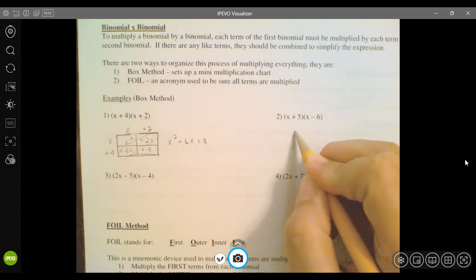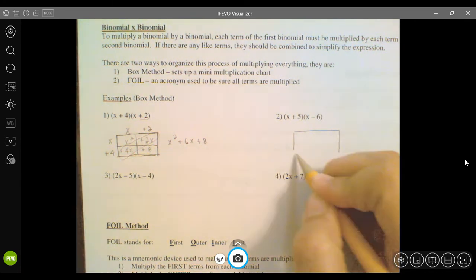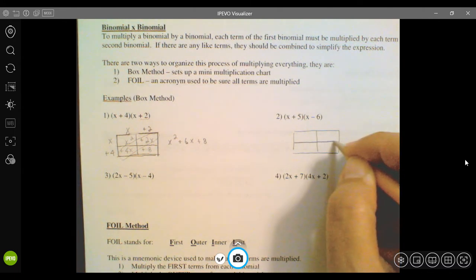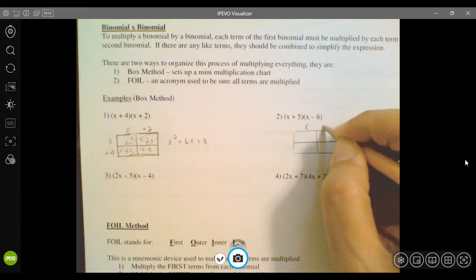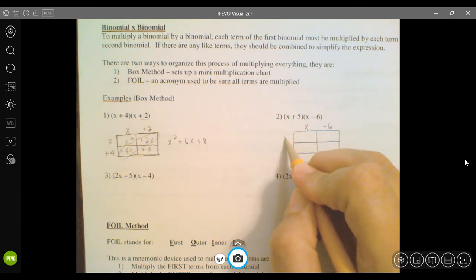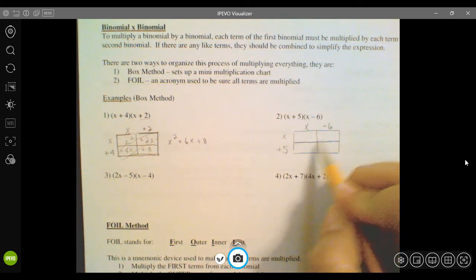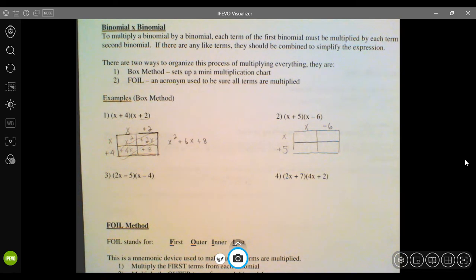Let's look at this one. Again, I draw my square, and I have x minus 6, and I have x plus 5. So remember in terminology, we talked about why we call a square term a quadratic, even though quad means 4. Look what's happening here. I've got 4 segments to fill in.